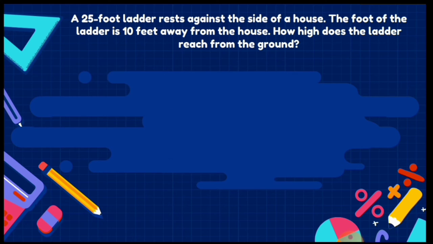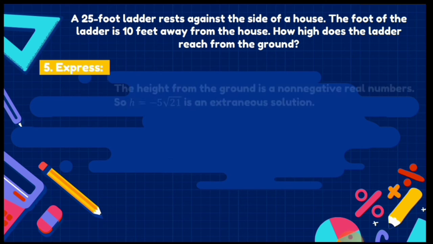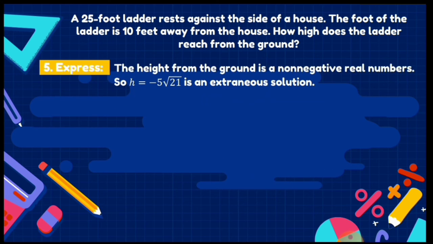Then, the last step is to express the height from the ground as a non-negative real number. So, h is equal to negative 5 square root of 21 is an extraneous solution. Just what I have said earlier, you're going to pick one of the solutions, whereas one of the solutions is a positive real number or a positive radical expression.